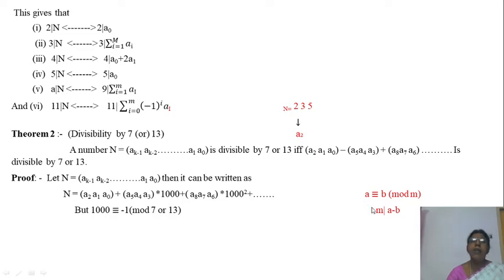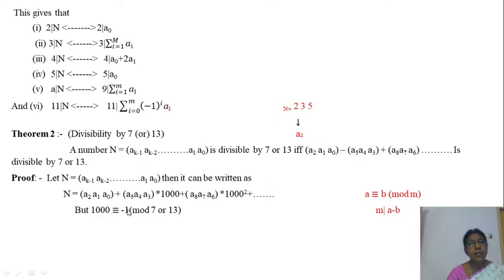A congruent to B mod M means M divides A minus B. Here M is 7. Compare with the definition: M divides 1000 minus of minus 1, that is 1000 plus 1, which is 1001. Does 7 divide 1001? Check it.